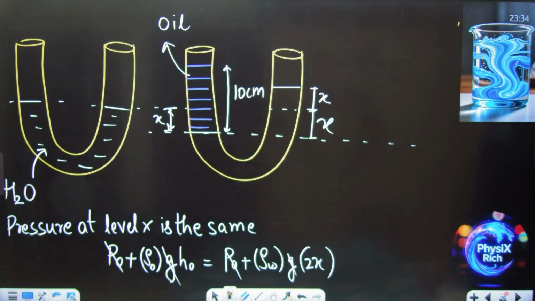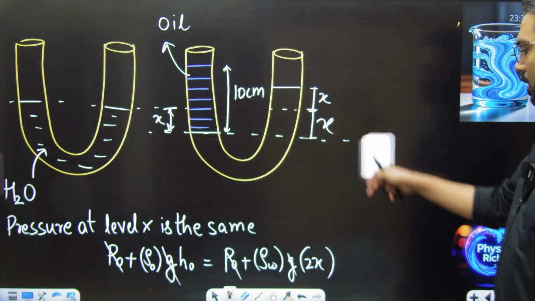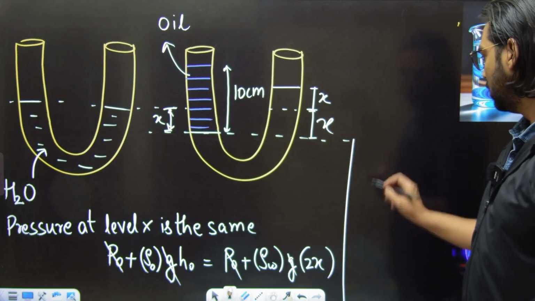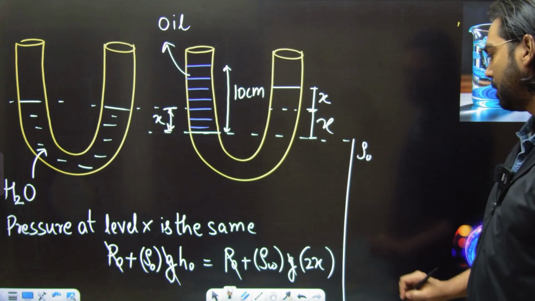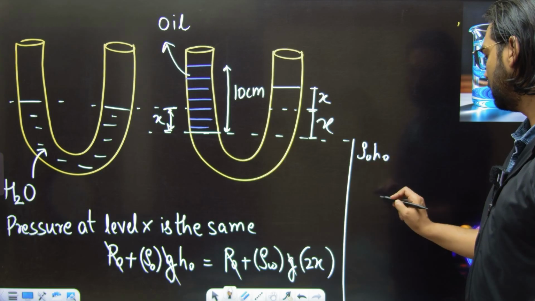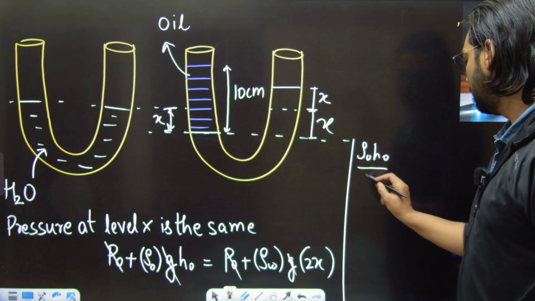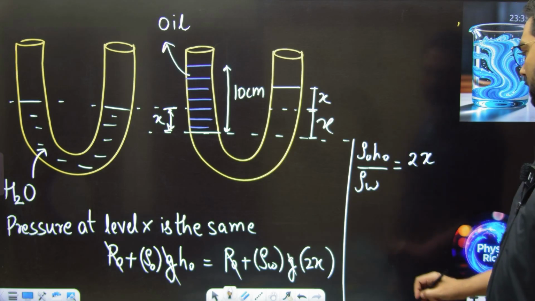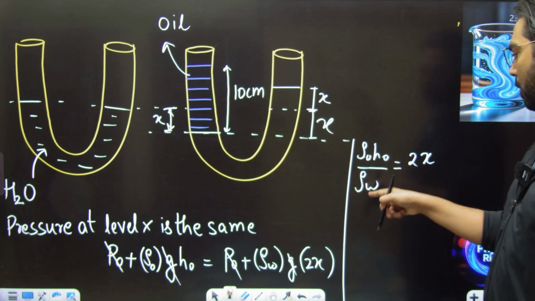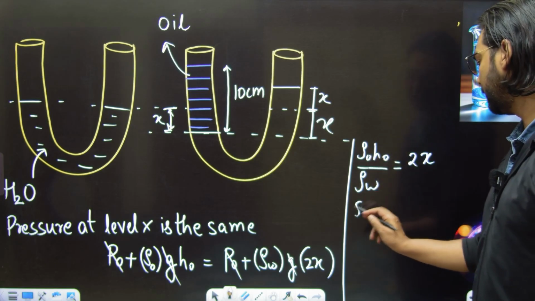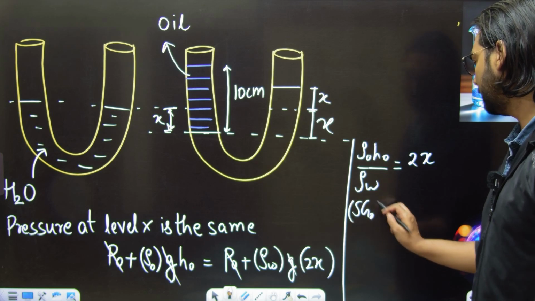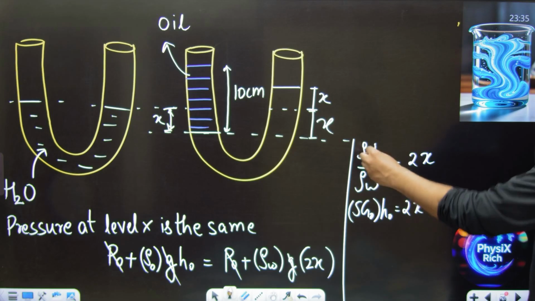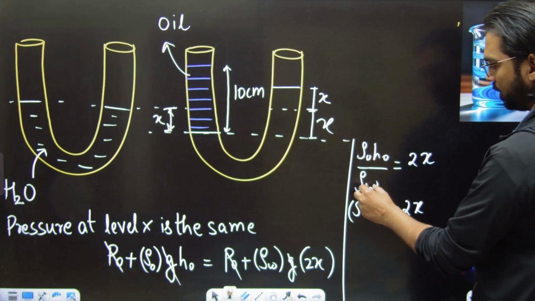All right, so we can put the values. Rho O h O upon rho W equals 2x. Rho O upon rho W is the SG of the oil, because the density of the oil divided by the density of water is the specific gravity.